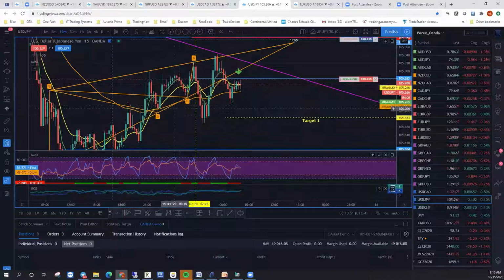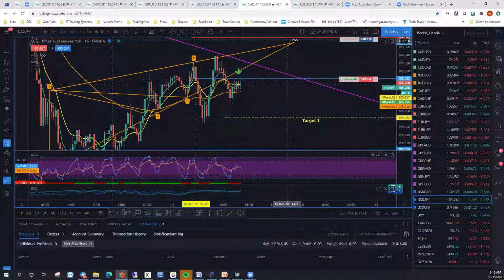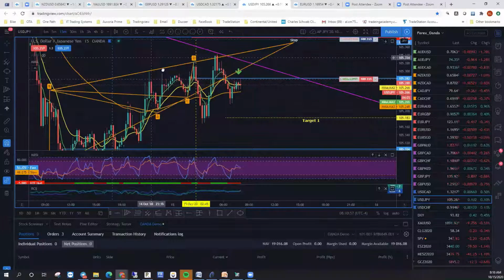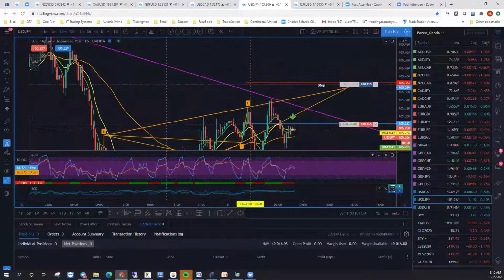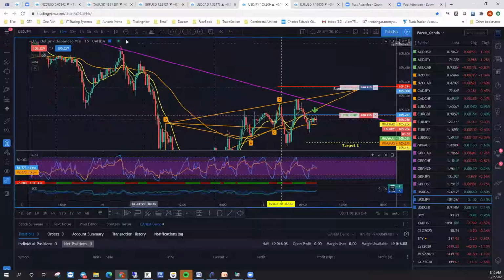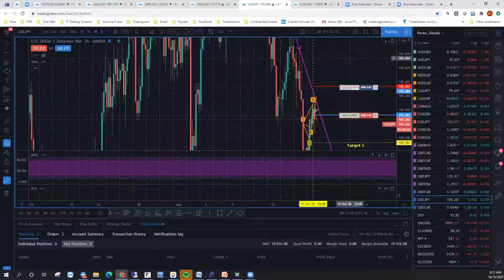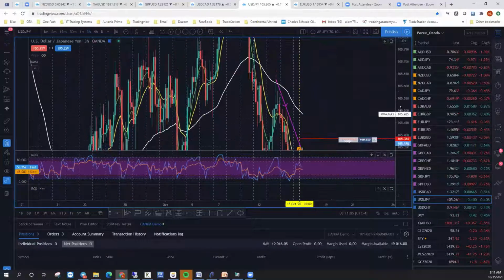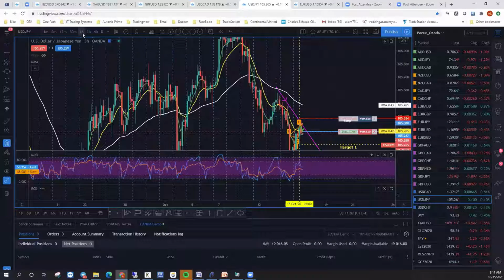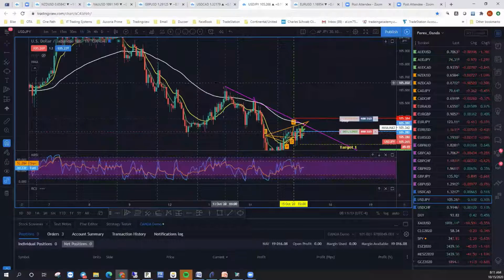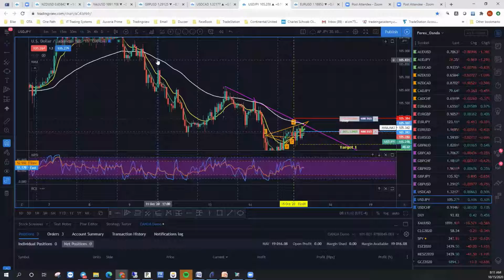We had a nice little trend coming up, and I'm looking at pretty much the top. Let me get this on a higher time frame so you can see what I did here. This thing's making lower highs for the last 3 days.